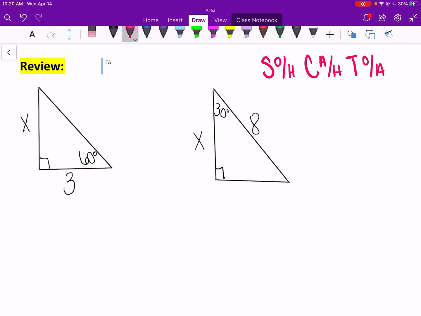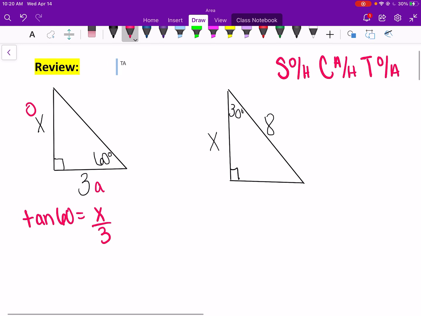On this first example, we have the 60 degrees down there in the bottom right. The side with the x is opposite of that angle, and the 3 is adjacent to the angle. So we have opposite and adjacent, so we are going to use tangent. So the tangent of our angle, which is 60 degrees, is equal to x over 3, opposite over adjacent.